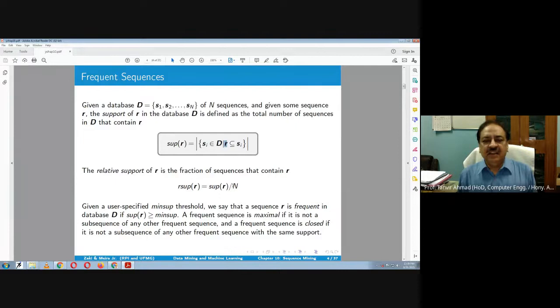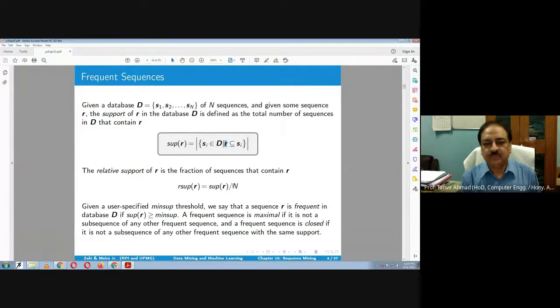And a frequent sequence is closed if it is not a subsequence of any other frequent sequence with the same support. And you must remember that maximal is a subset of closed. Okay? It is a subset of closed. And closed is a subset of frequent.